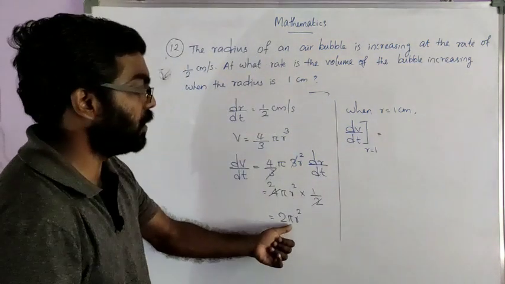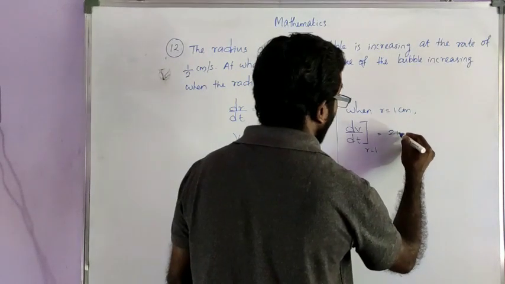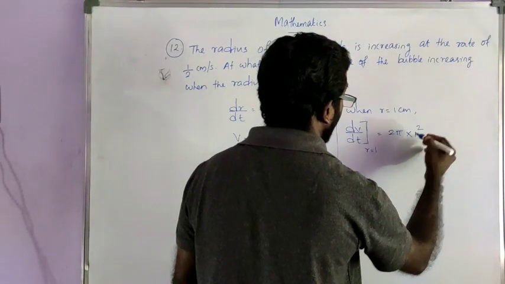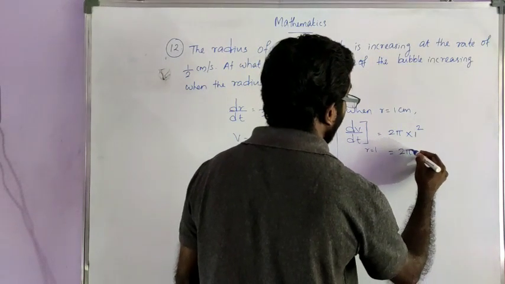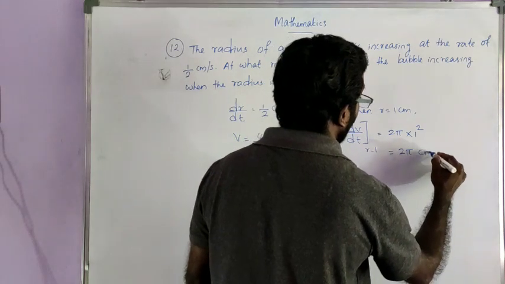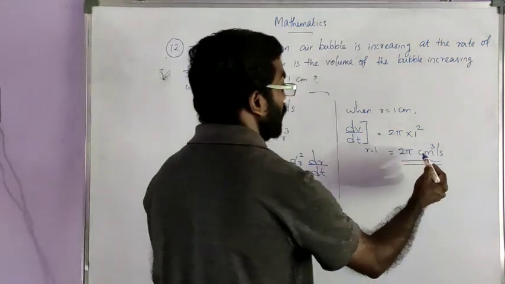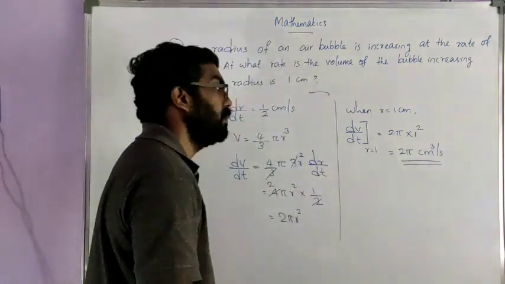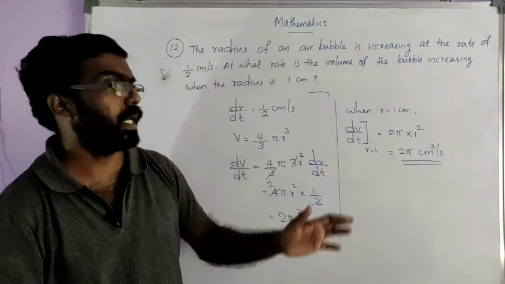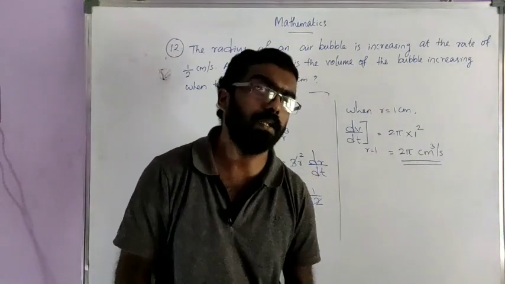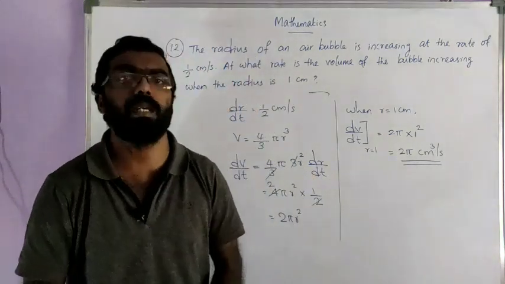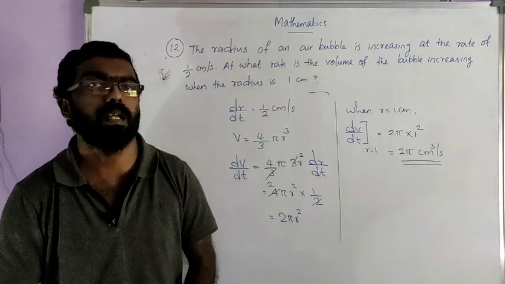We can replace the value in 2 pi r square. So 2 pi into 1 square, which is equal to 2 pi, and the unit is centimeter cube per second. Volume unit is centimeter cube and the time unit is second. So the final answer is dV by dt is equal to 2 pi centimeter cube per second. Clear?